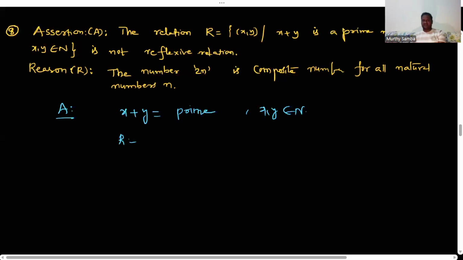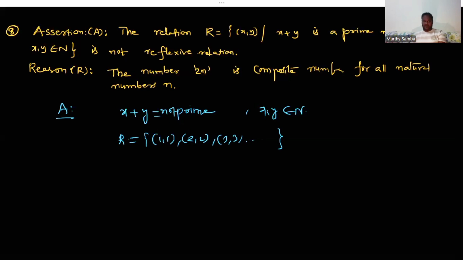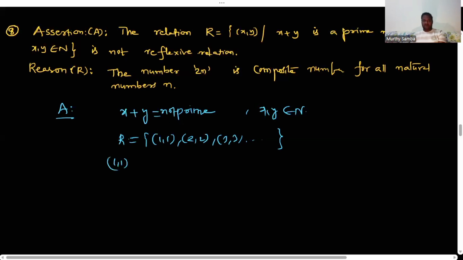A set containing 1 comma 1, 2 comma 2, 3 comma 3, 4 comma 4 and so on. Suppose I take 1 comma 1 and I find 1 plus 1. 1 plus 1 is equal to 2. Is it a prime number or not? Yes, it is a prime number.